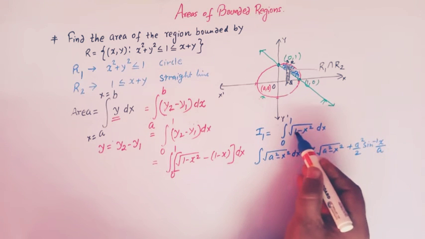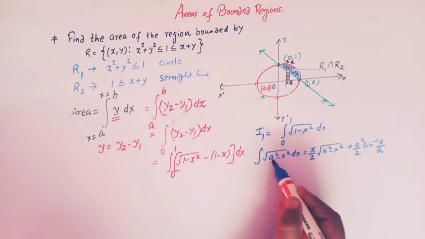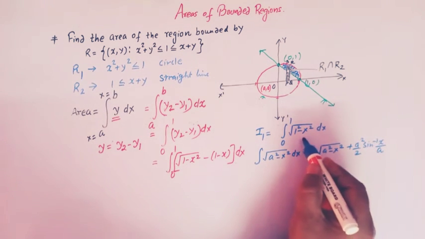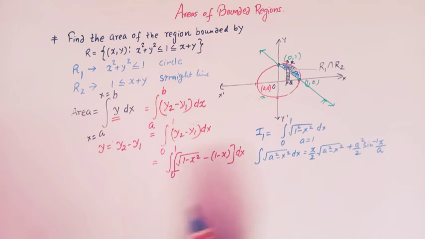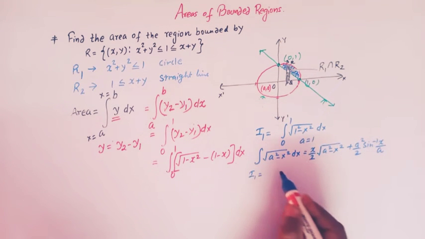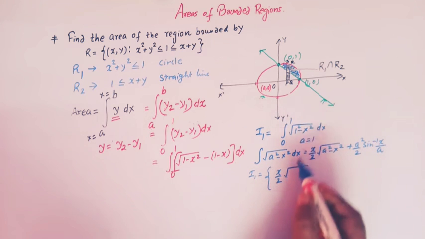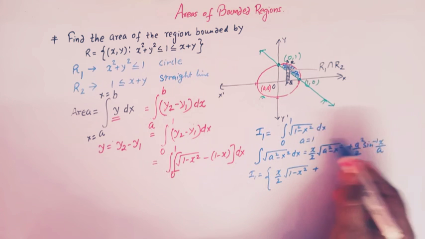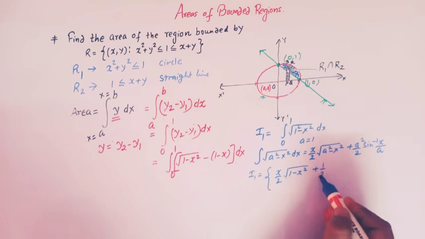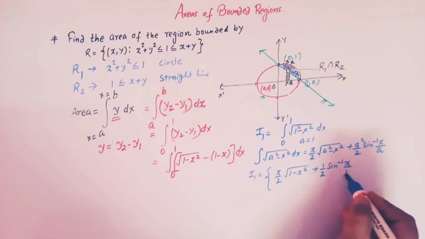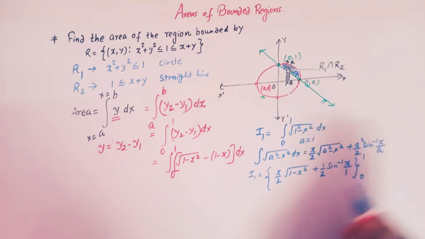So if we compare this form with this one, we see that 1 can be written as 1 square, so the value of a is equal to 1. So now I1 is given by x over 2 square root of 1 square minus x square plus 1 over 2 sine inverse x over 1, and the limits are from 0 to 1.